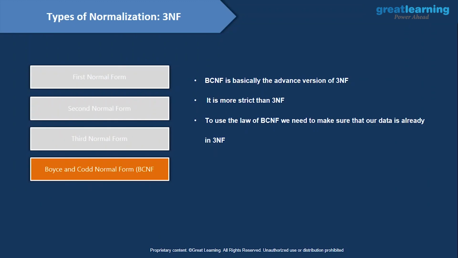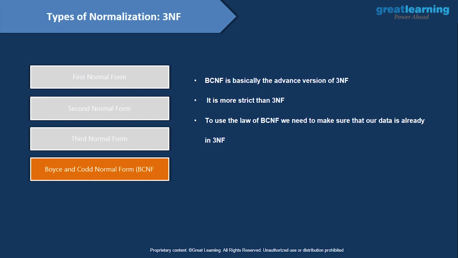Now let's have a look at what is Boyce-Codd normal form, that is known as BCNF. So BCNF is basically the advanced version of 3NF. It's quite similar to 3NF. It is more strict than 3NF, and to use the law of BCNF, we need to make sure that our data is already in 3NF. So if you want to use normalization, again, you need to maintain the chain rule, right?